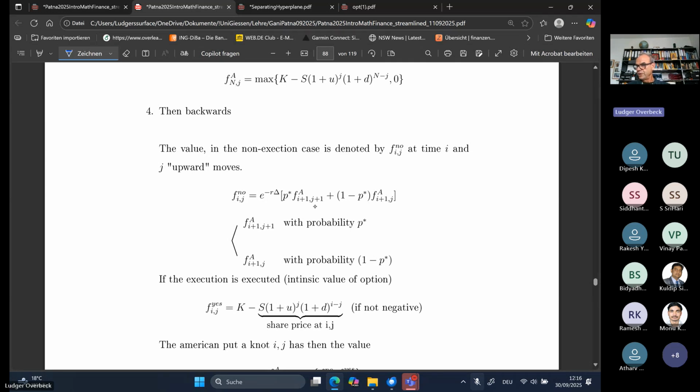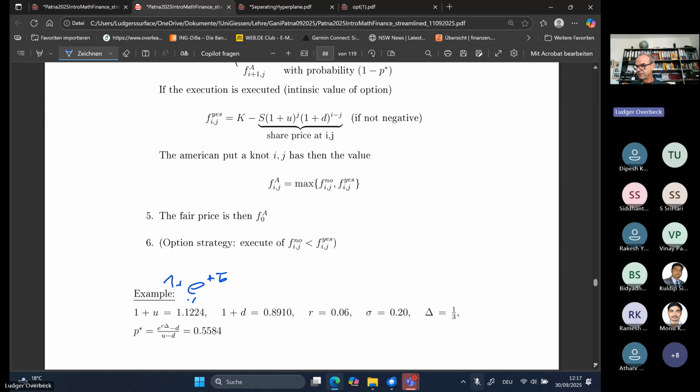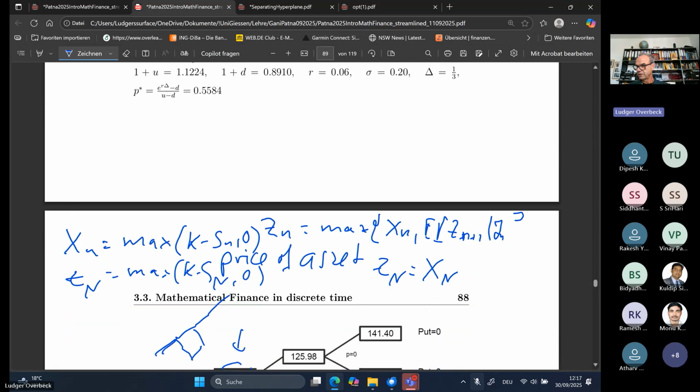Now, as we take the two neighboring nodes, at time, you are now at two upward moves. You now move backward. That's why I don't like online teaching, because all screens are too small. You are now here. So the value, you have to calculate the expectation of Zn plus 1 given Fn, and in this case, this is called non-execution.